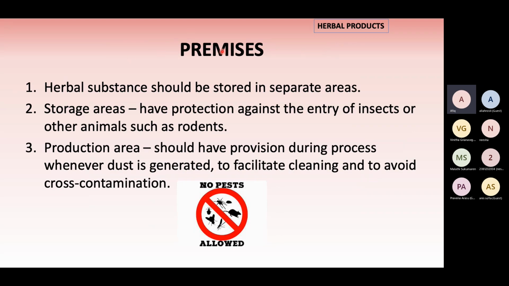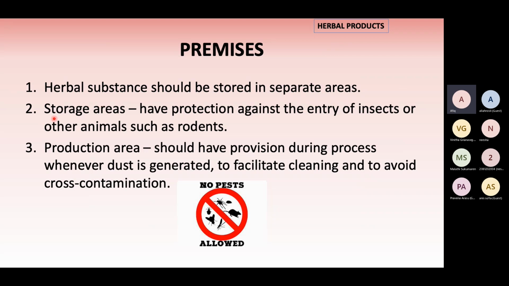So the first aspect, which is the premises: herbal substances must be stored in separate areas. Okay, they must have a specific area for it. Normally, the starting material, maybe if you have dried plants, is kept in a herbarium, for example.